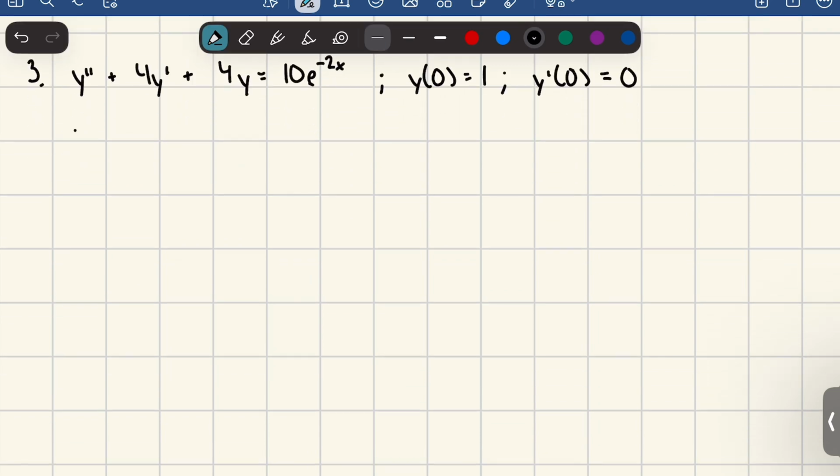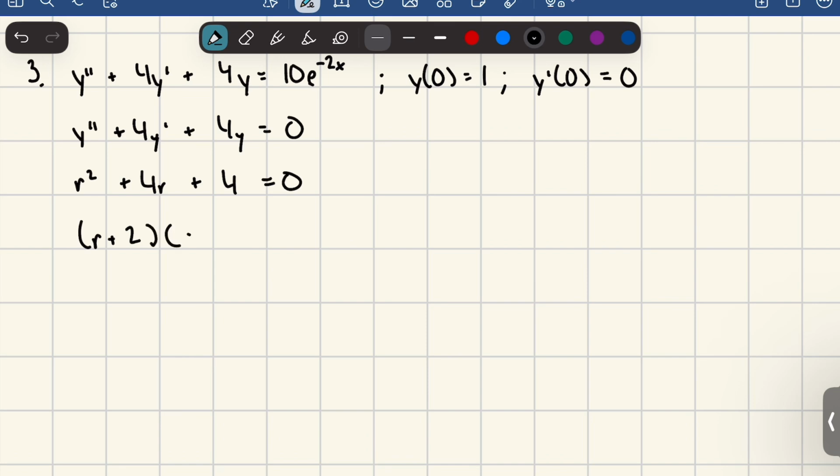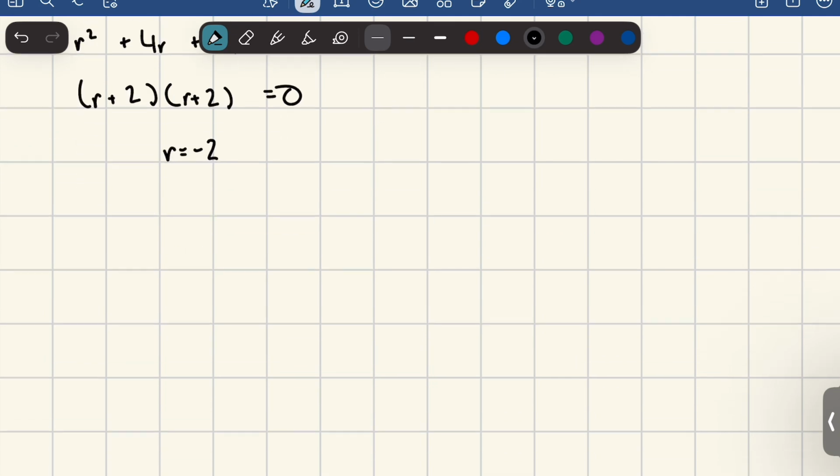So of course I'll start by setting it to 0. Then I'll do the r conversions. This 4 equals 0. Just going to factor out r plus 2, so r equals -2.